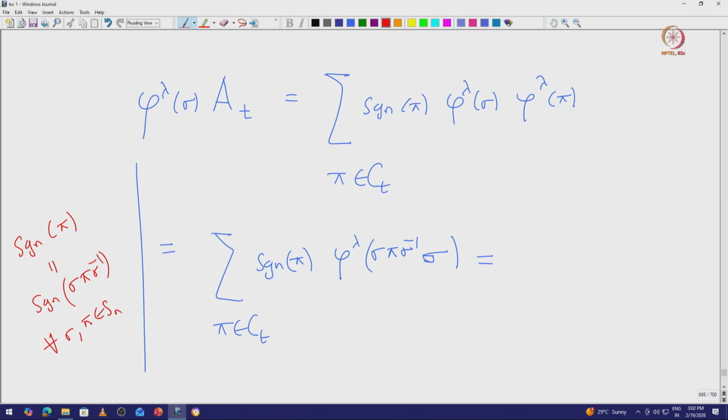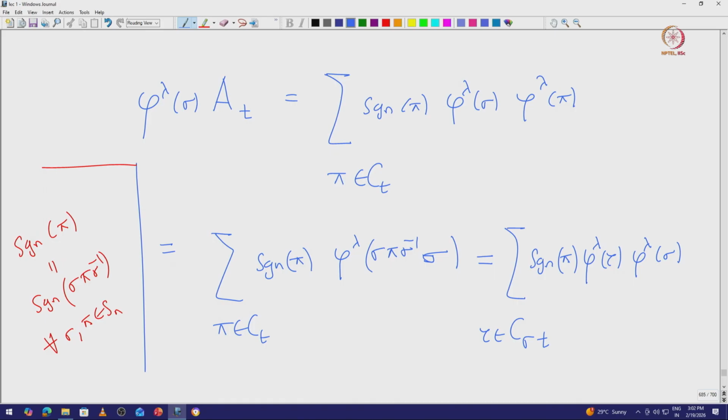Using that, if we rewrite, we get this as sign of pi phi lambda tau phi lambda sigma, where tau runs over C sigma t. Okay, because C t and sigma t are related by conjugation.